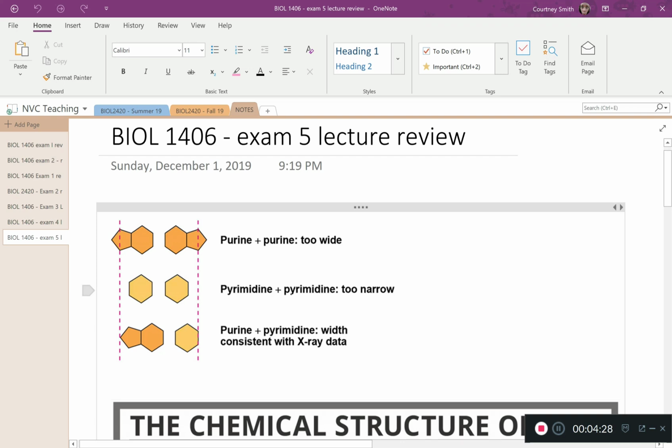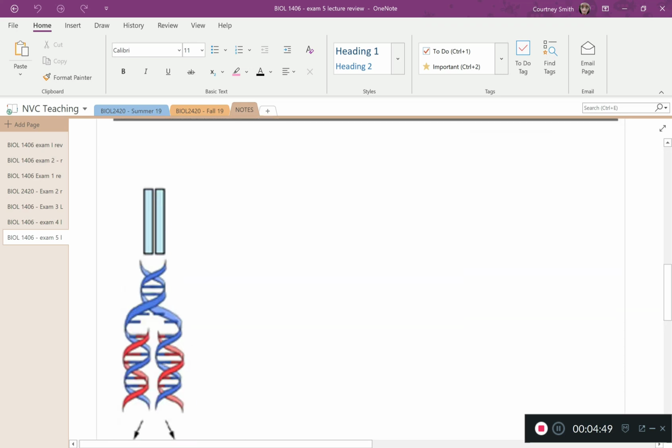If you have a pyrimidine and a pyrimidine together, it's too narrow, so there's too much space in between them. But if you have a purine and a pyrimidine, then you have just the proper amount of space between them, and they also counterbalance each other, and they're able to form that hydrogen bond in between them. So this is what they look like.